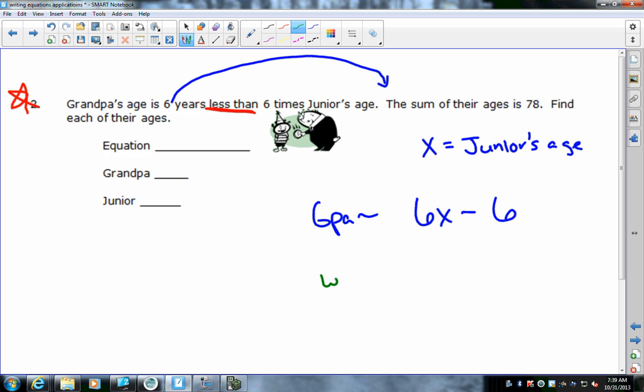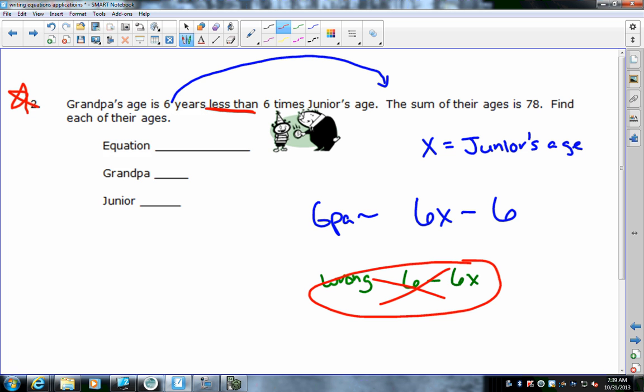What's wrong is people will try and do 6 minus 6x. This is not correct. And if it's a multiple choice test, they will have that as a choice. It's in the wording, just that less than, when you have this, you've got to put it at the end. So with the equation, it says the sum of their ages.